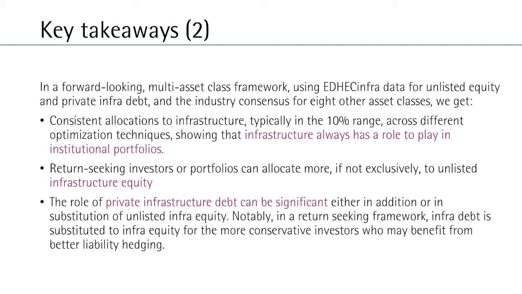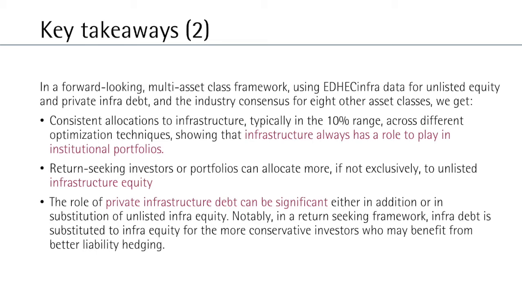It's just a bunch of consensus observations and hypotheses. But using these for a range of asset classes, which is familiar in the portfolio, we find consistent allocations to infrastructure, typically in the 10% range across different optimization techniques. It was very interesting to see the consistency in particular between the minimizing risk contribution approach and the return targeting approach. And it shows that infrastructure always has a role to play in a portfolio, which is also a key finding here.